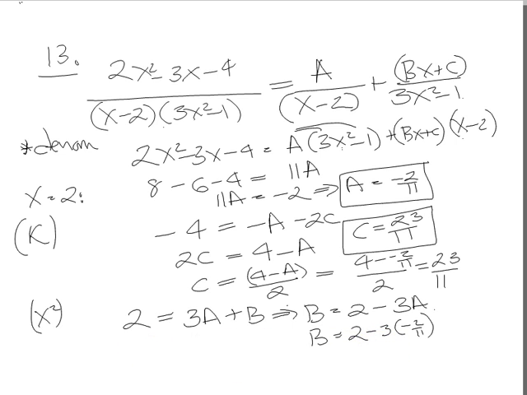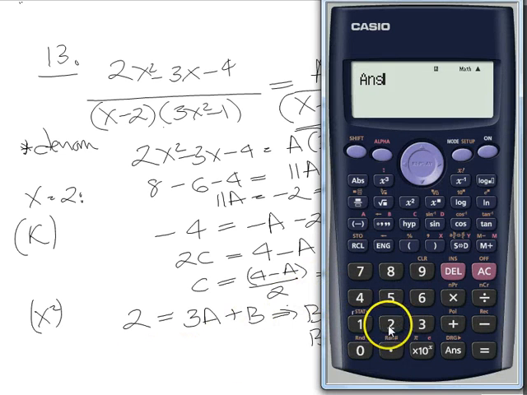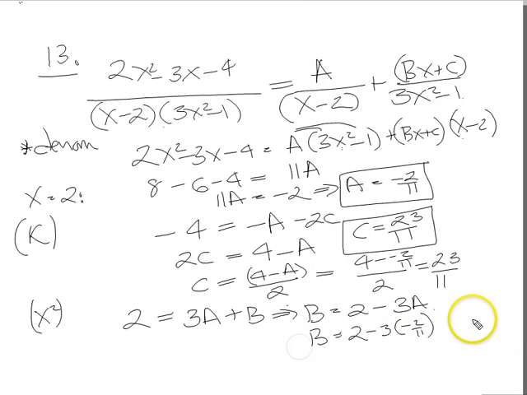So 2 plus 6 elevenths, let's just tap it in. 2 plus fraction 6 over 11. 28 over 11. So that's B then, 28 over 11. There we are.